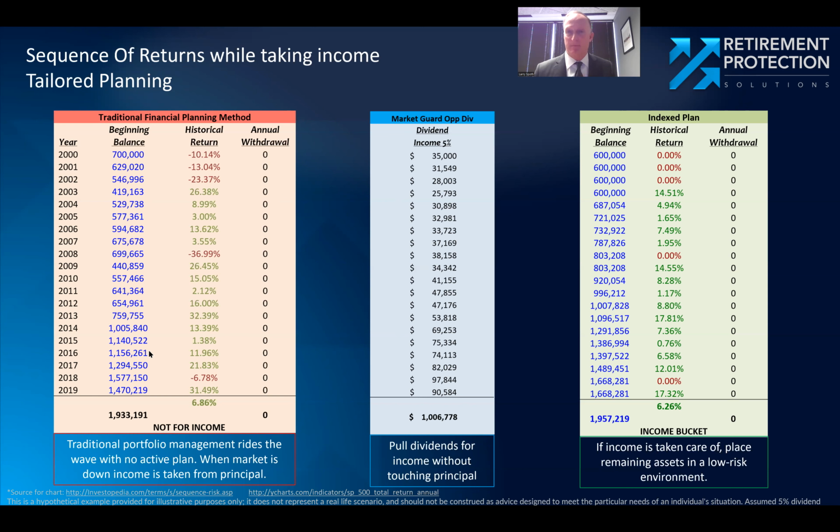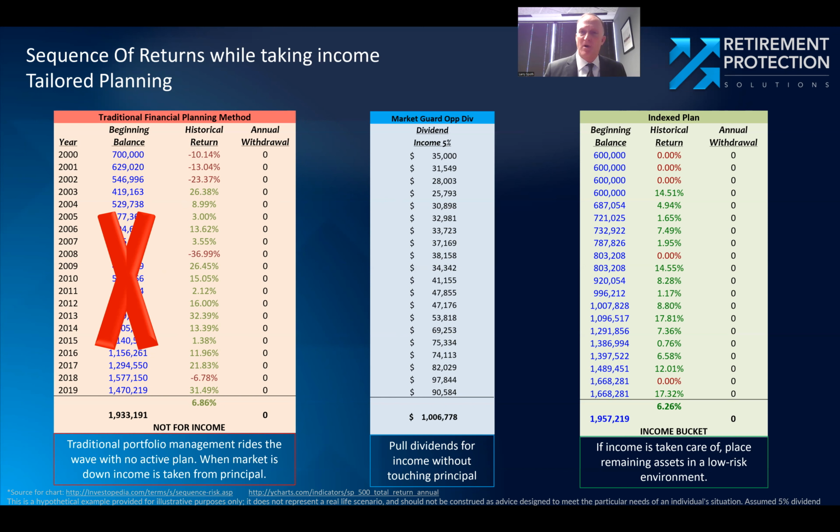But there's one problem. The S&P 500 that I used in this example doesn't kick off a dividend yield of any significance, in my opinion. The S&P is probably kicking off about 1.3% dividend yield, plus or minus. So we can't really do that because it's not enough for us to use for income.